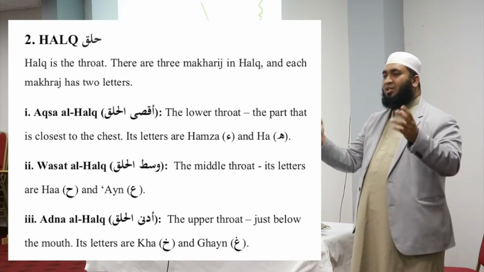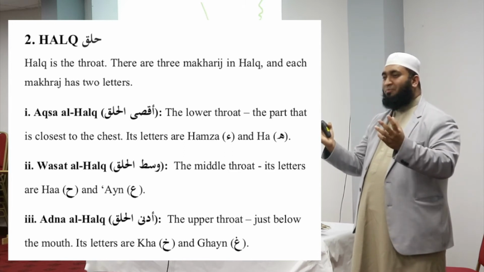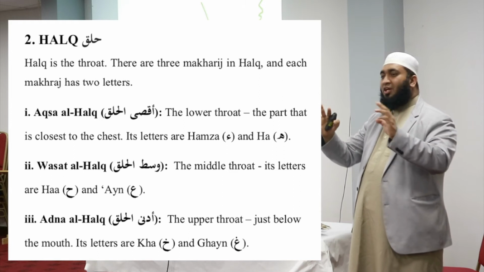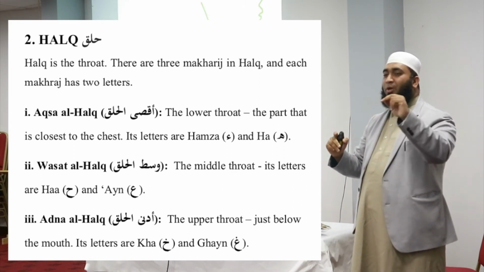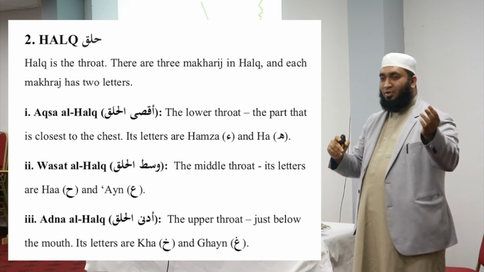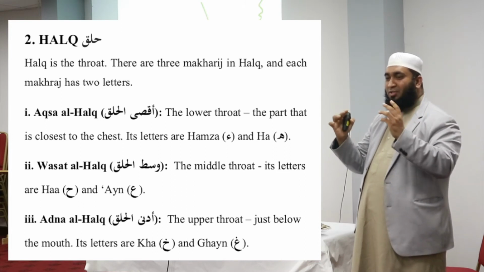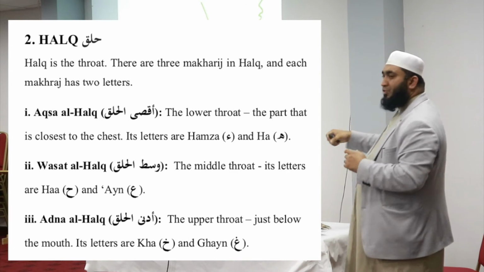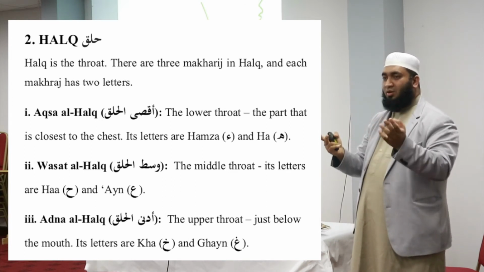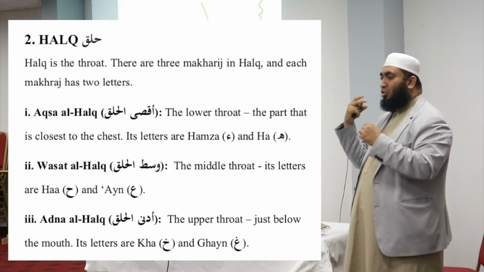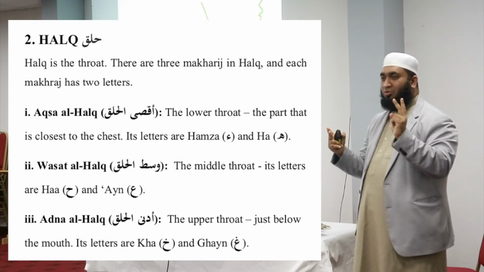If you imagine a train station with 3 gates, and through each gate 2 people come through. So Halq is a station, and in that station we've got 3 makhraj, and through each makhraj 2 letters come out.